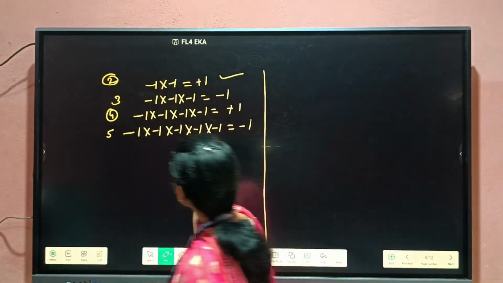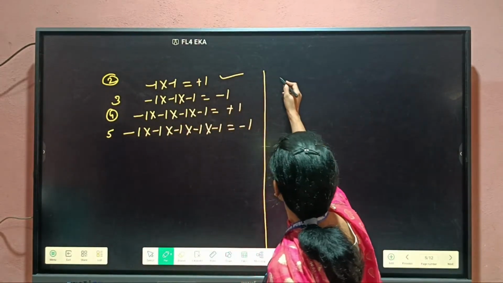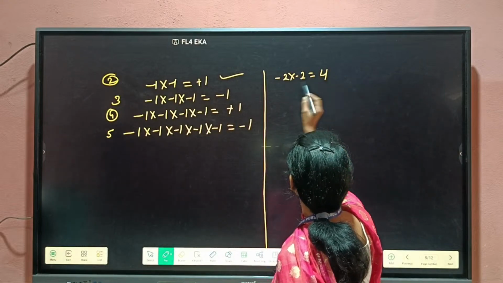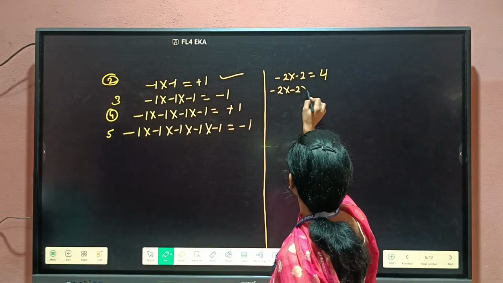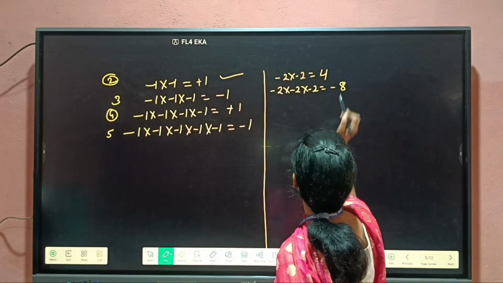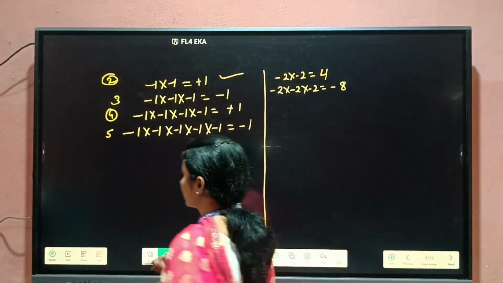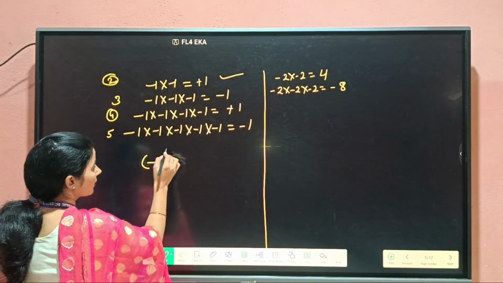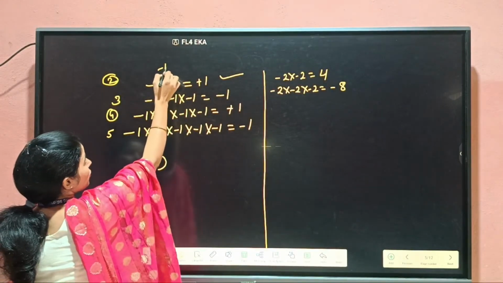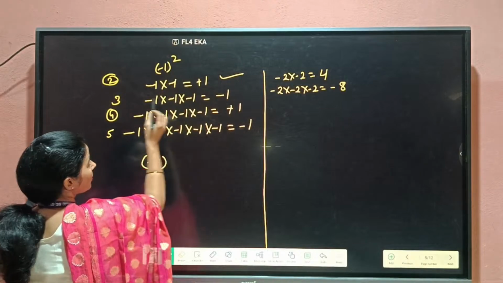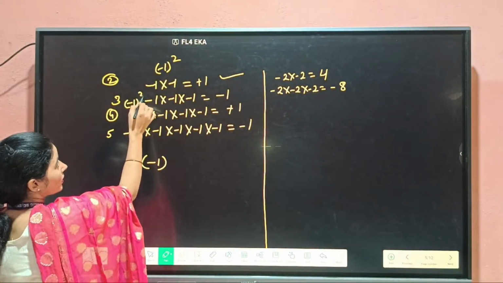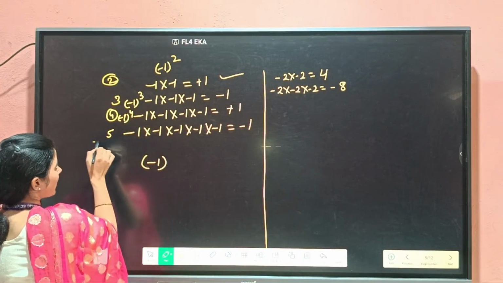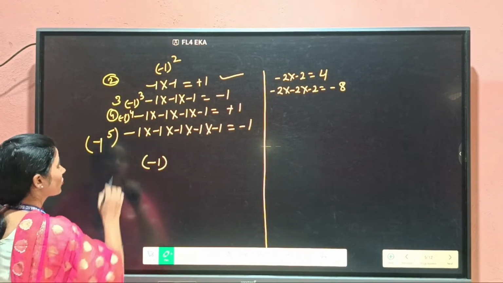Let us see one more example. You can consider minus 2 into minus 2, answer is plus 4. Minus 2 into minus 2 into minus 2, answer is minus 8. It means we can generalize if minus 1 is multiplied, means power. This is minus 1 raised to power 2, and this can be written as minus 1 raised to power 3, and this as minus 1 raised to power 4, and this as minus 1 raised to power 5.